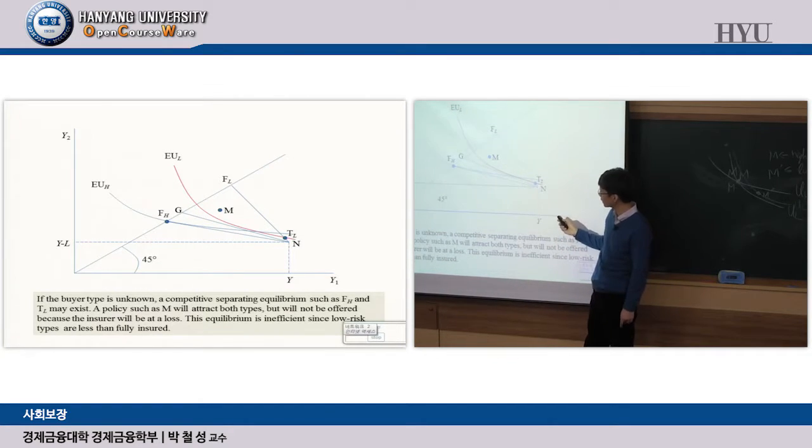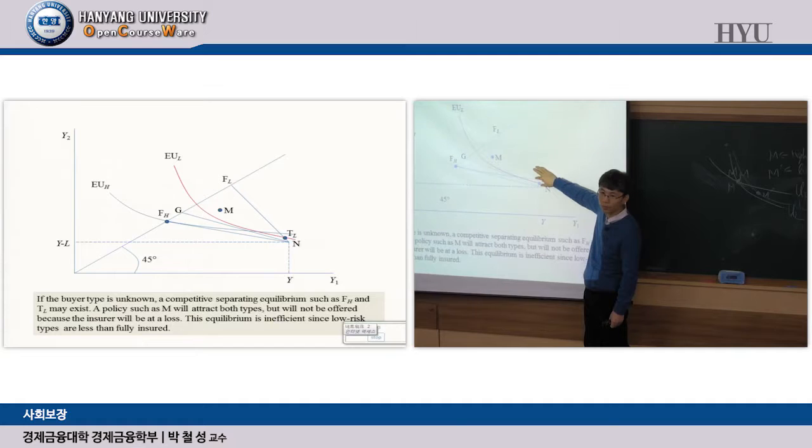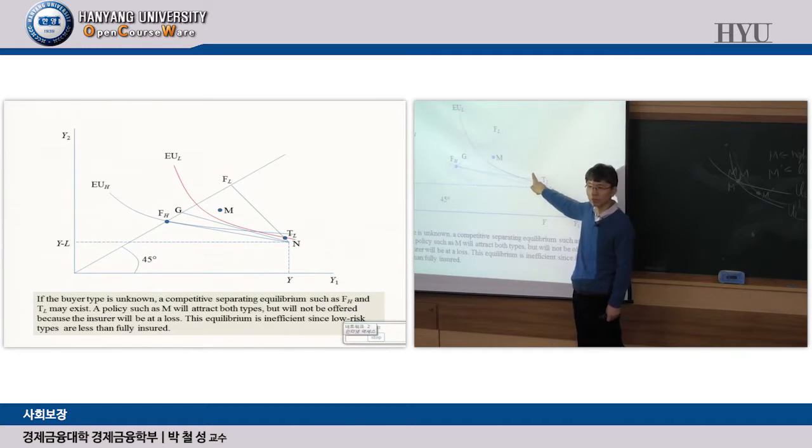In this diagram, yes. 둘 다 안 끌어들이기 위해서. So if the separating equilibrium is going to exist, it should exist somewhere here in between. Because once you have it here, you have both high risk and low risk, and the insurance company loses money, so they have no incentive to do so. They don't wanna sell it.